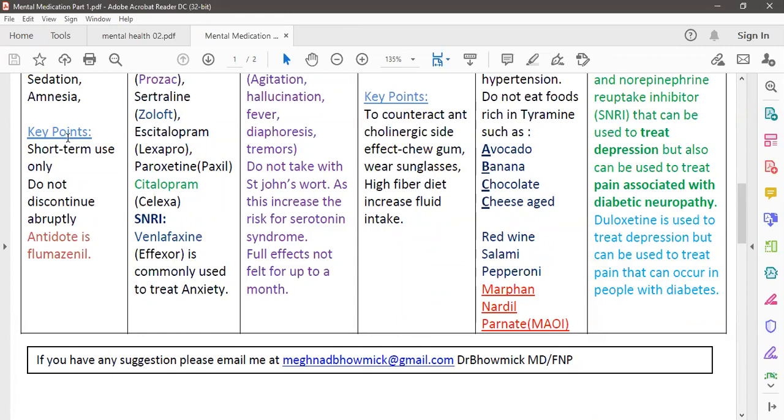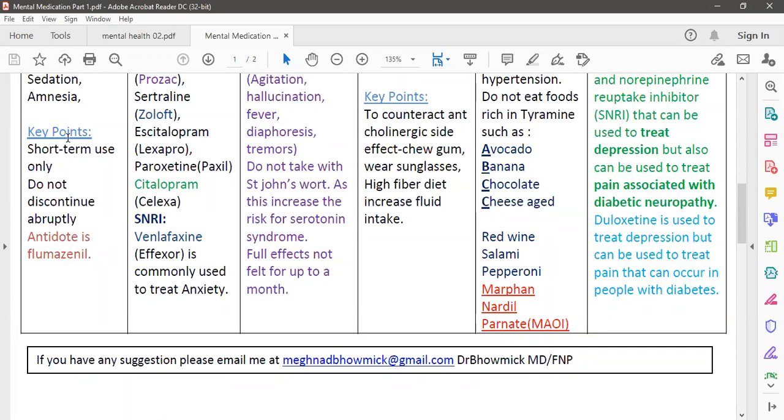So it is good for short-term use only, and we never stop this medication suddenly or abruptly. If you give this medication as an RN or LPN, we have to monitor the respiratory rate because they can cause respiratory depression, right?